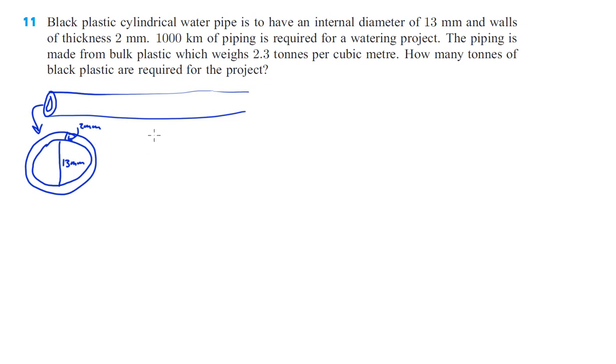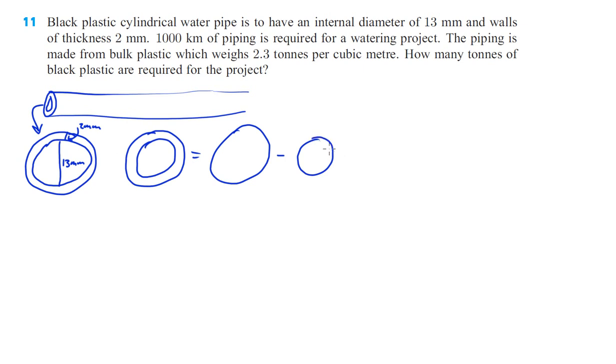Again, it's going to be just like what we've done on the past two problems. This pipe is going to equal the volume of the entire big pipe, subtract the volume of the inner pipe, and away we go. Okay, so the problem is we have millimeters and kilometers, and then we have to convert it into tons. All right, so first off, let's just figure out the volume that we need.